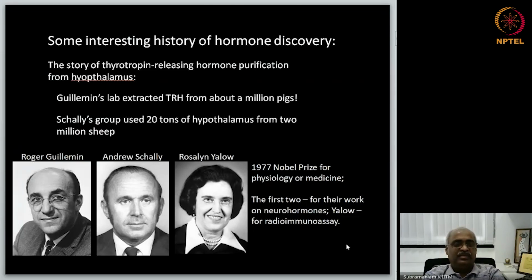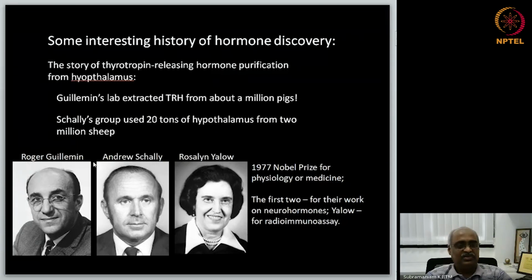But then purifying them and having enough of the pure molecule, the hormone, so that you can characterize many aspects of its structure and function, was a challenging task because they are produced in extremely low quantities. So that is where we see a couple of interesting historical events.